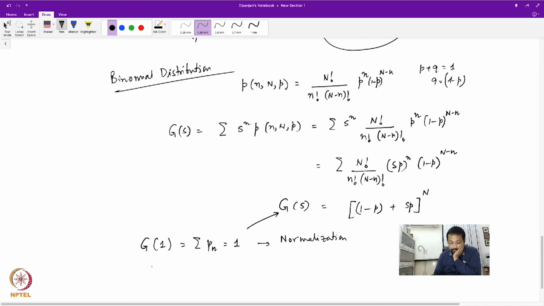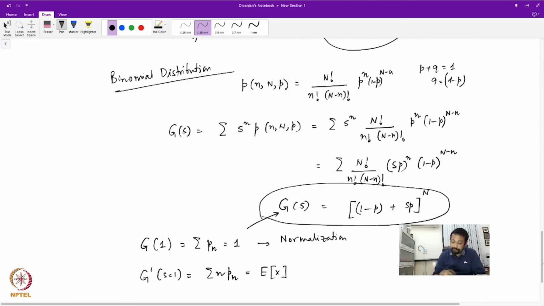If you look at g prime of s at s equal to 1, then you get the sum over n P_n, which is nothing but the mean that you looked at. So effectively, you can reconstruct all the information from this generating function.